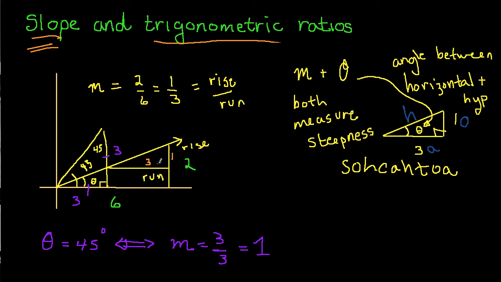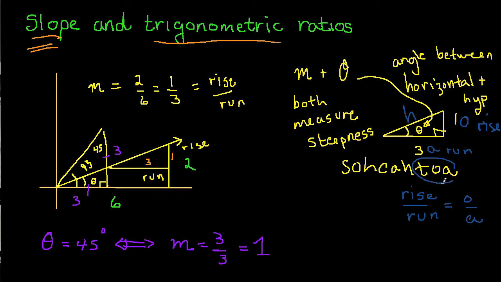Let's compare this triangle to this triangle. It looks like the rise is opposite. So this is actually the rise here. And this one here is the run. The adjacent is the run. So if I write rise over run, I actually have opposite over adjacent.